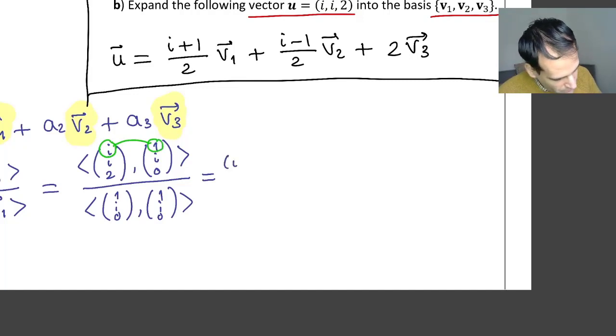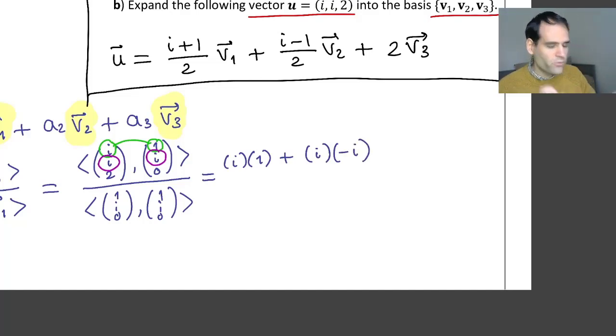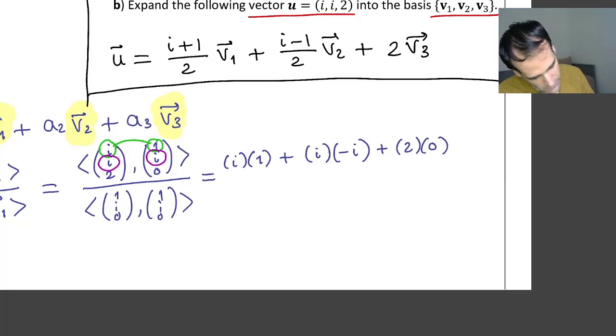So that's i times the complex conjugate of 1, which is 1, plus the second element, i, times the complex conjugate of i, which is minus i. This time I'm doing everything in a single step, because it's very easy to do in your head once you get used to it. And then plus 2 times 0, the third element times the complex conjugate of the third element.